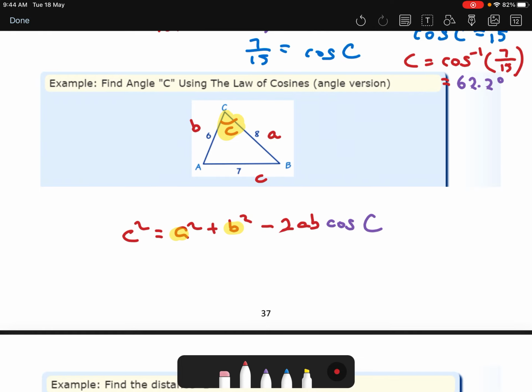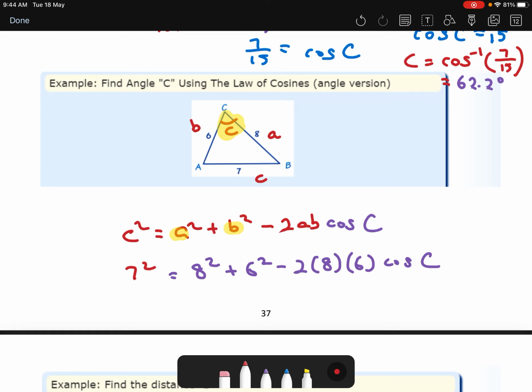So C square is 7 square. Then A square is 8 square plus 6 square minus 2 times 8 times 6 cosine C. Alright, so manipulate.